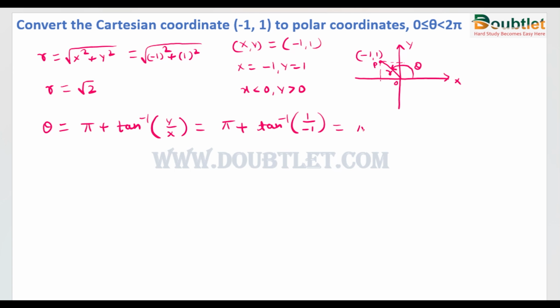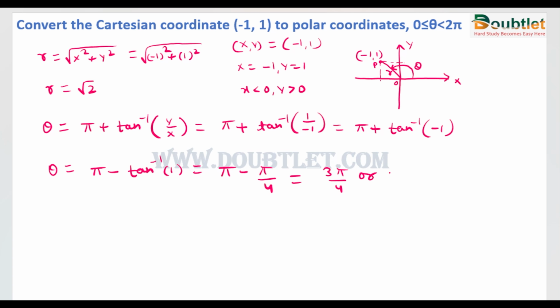If we solve this, we get tan inverse of -1. By using the property of tan inverse, since tan inverse is an odd function, it will throw the minus outside. So it will become minus tan inverse 1. We know that tan inverse 1 is pi by 4. So we can write this as 3 pi by 4 or 135 degrees.